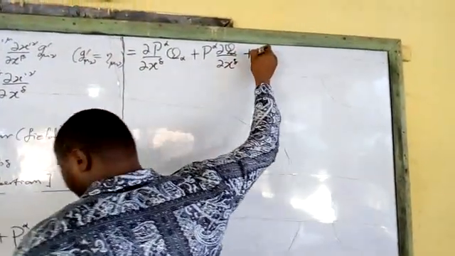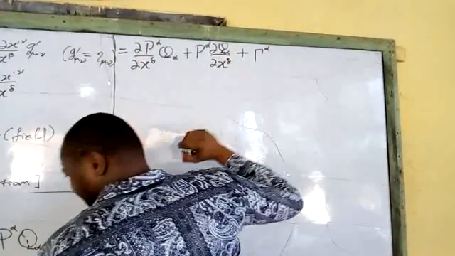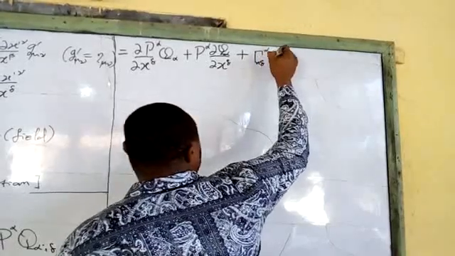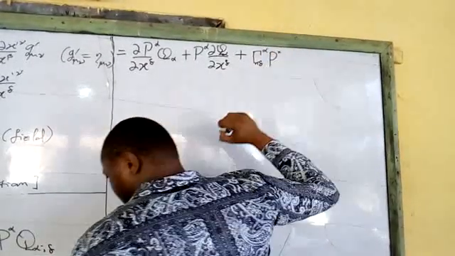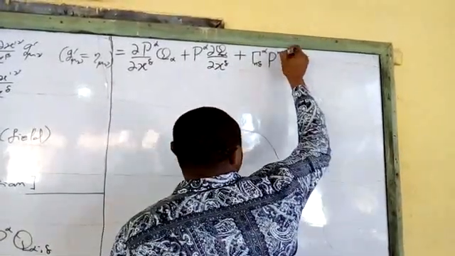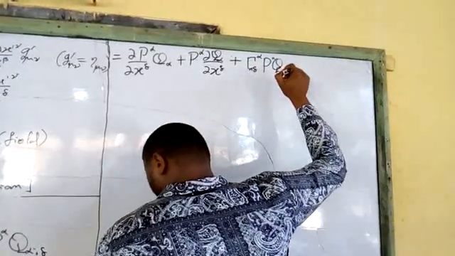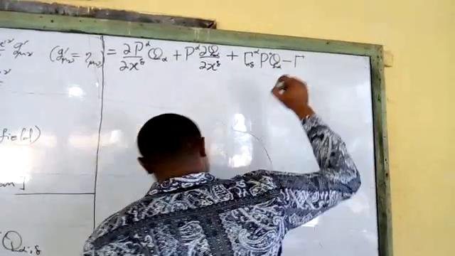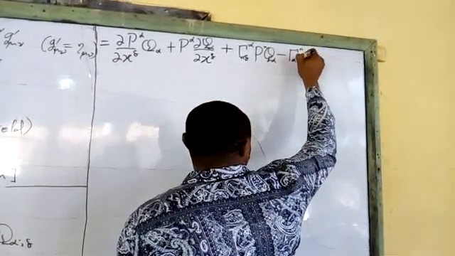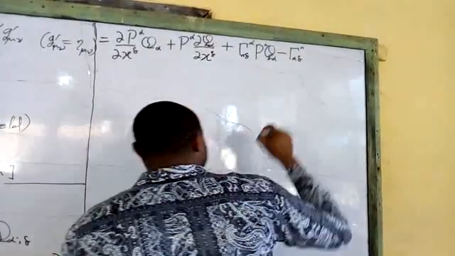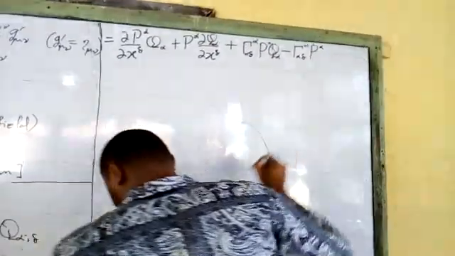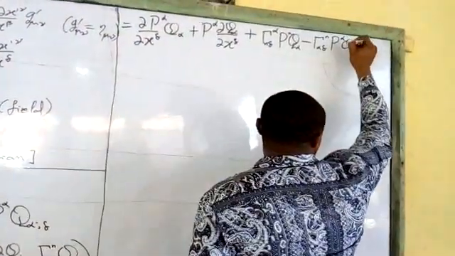Now plus what I've got here is gamma alpha, N delta, Pn, and over there is Q alpha, minus gamma here, N alpha delta, P alpha, and over here I believe is Qn.